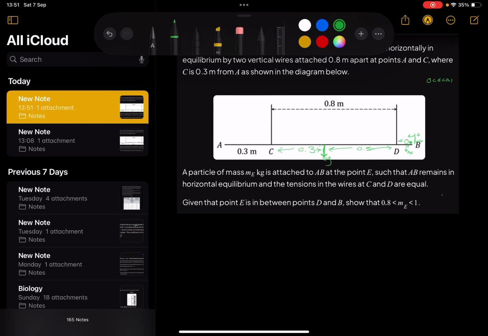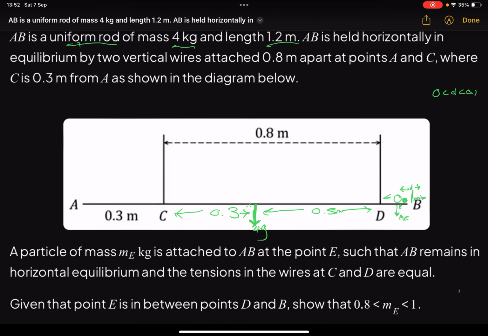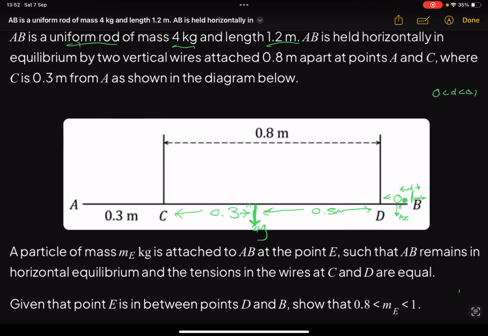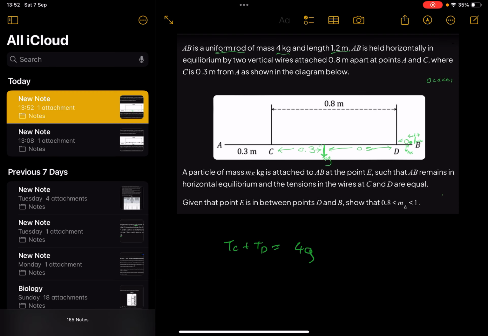Now, since it's in equilibrium, the tensions equal the weights. So we know that the weight here is 4g, and we know that the weight between D and B is mg.